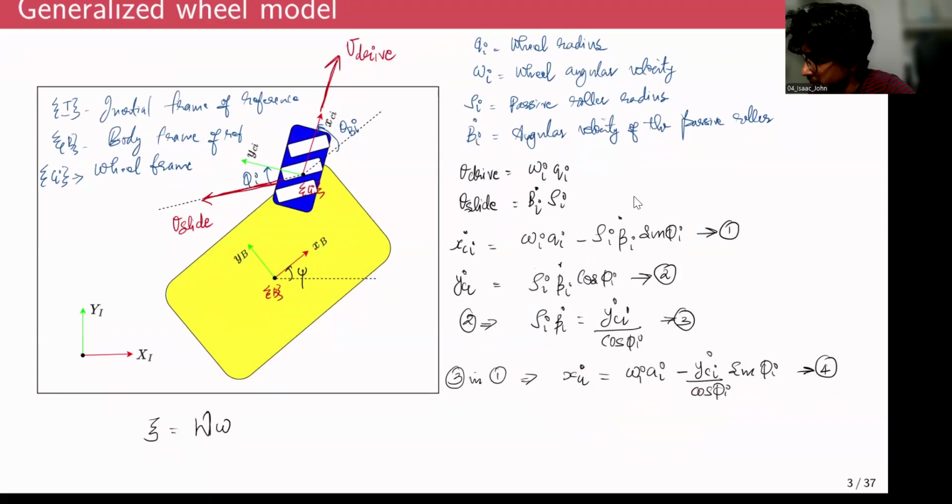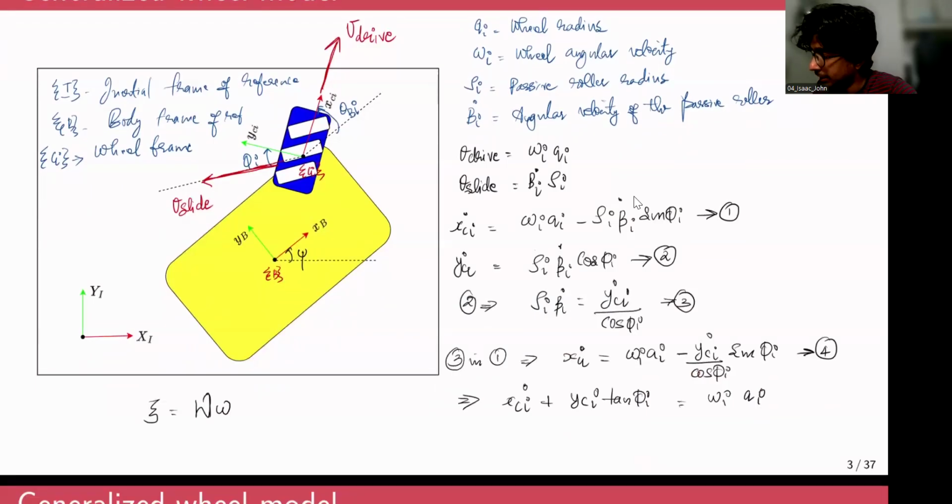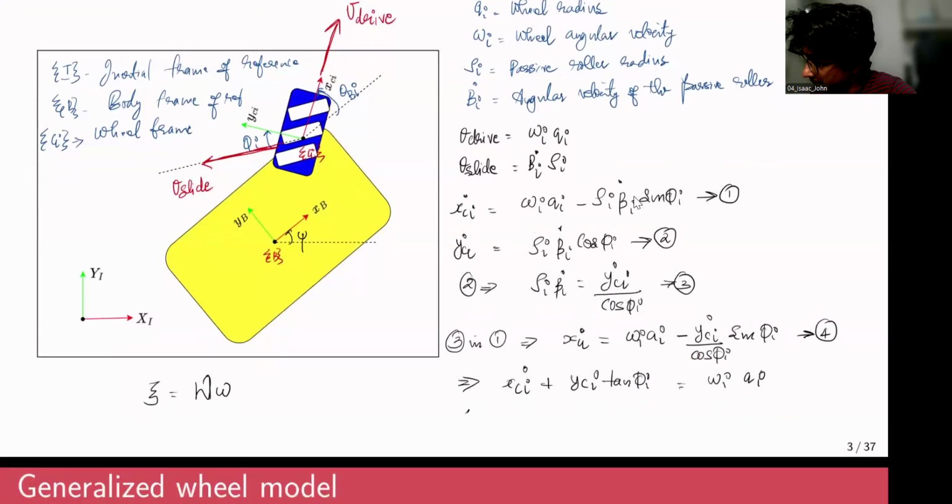This implies XCI dot plus YCI dot times sine phi and cos phi, which you can write as tan phi I, is nothing but omega I A I. So I can represent this in vector and matrix form: omega I equals 1 by A I, tan phi I by A I, multiplied by XCI dot, YCI dot.